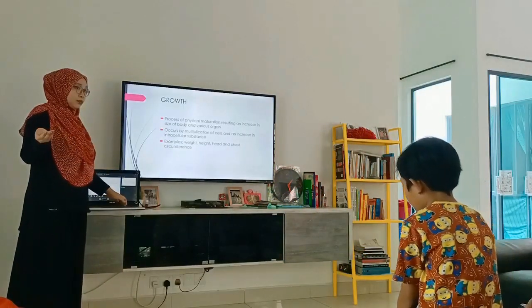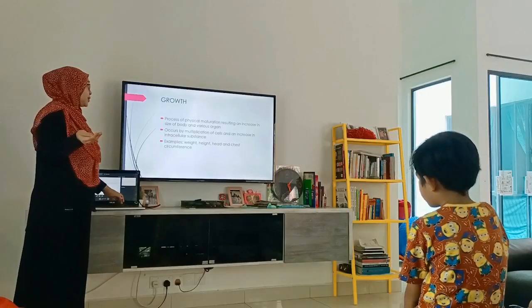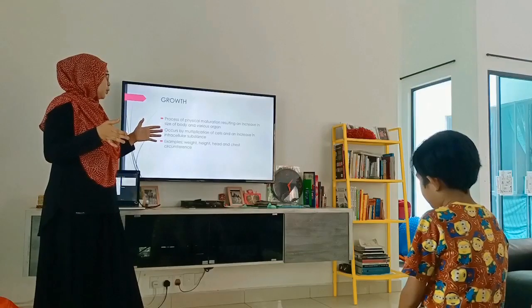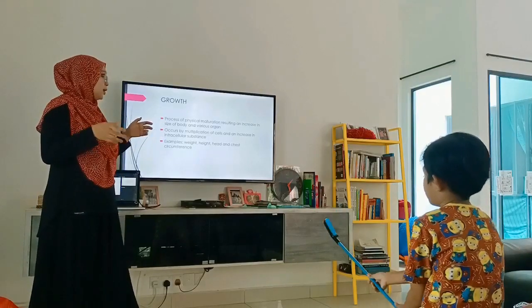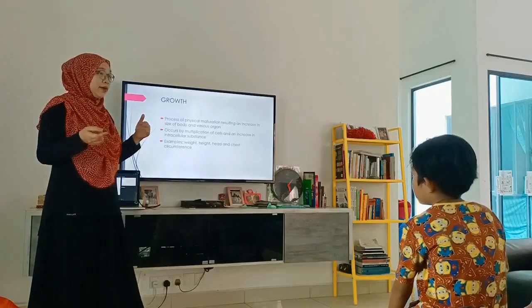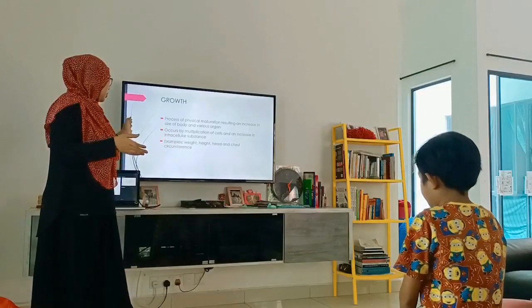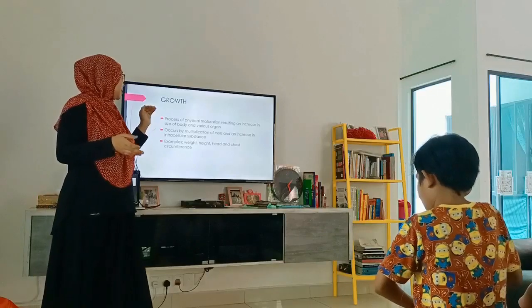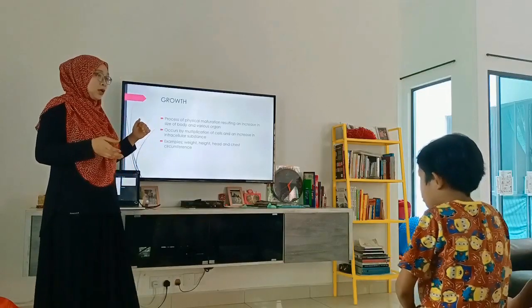So what is growth? Growth is a process of physical maturation, which results in an increase in body size and of various organs. It occurs by multiplication of cells and an increase in intracellular substance.